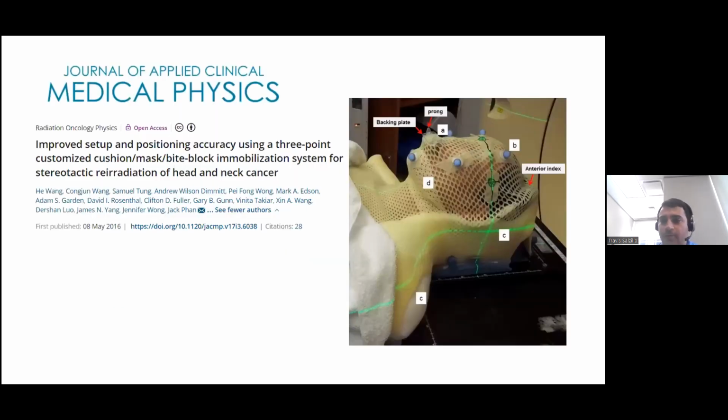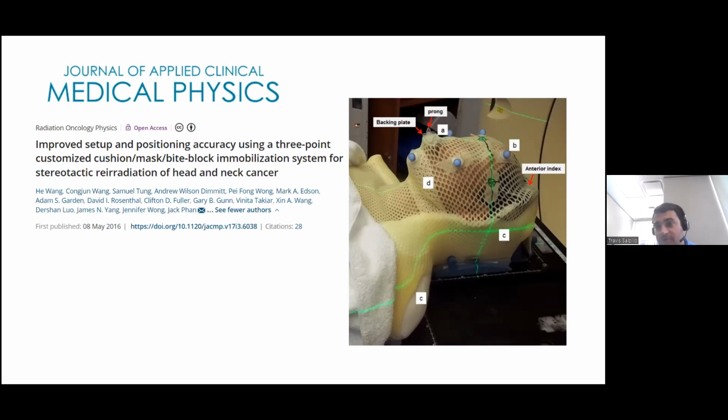We've also incorporated for a very long time thermoplastic masks for head and neck treatment, as well as some CNS treatments. These come as flexible meshes out of the box, but once you dip them in hot water, they soften, and they allow you to mold them to the patient's head and neck area. After you let it cool, just like the vac blocks, you have a very hardened shell.